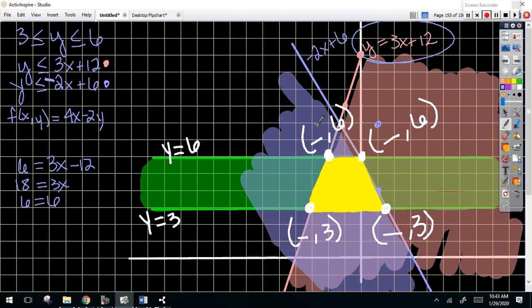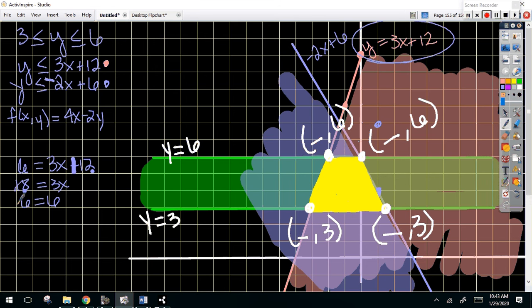So this is, yeah, plus 12 would be 18 and then divided by 3. Oh, I didn't see the plus. Sorry. So it'd be negative.